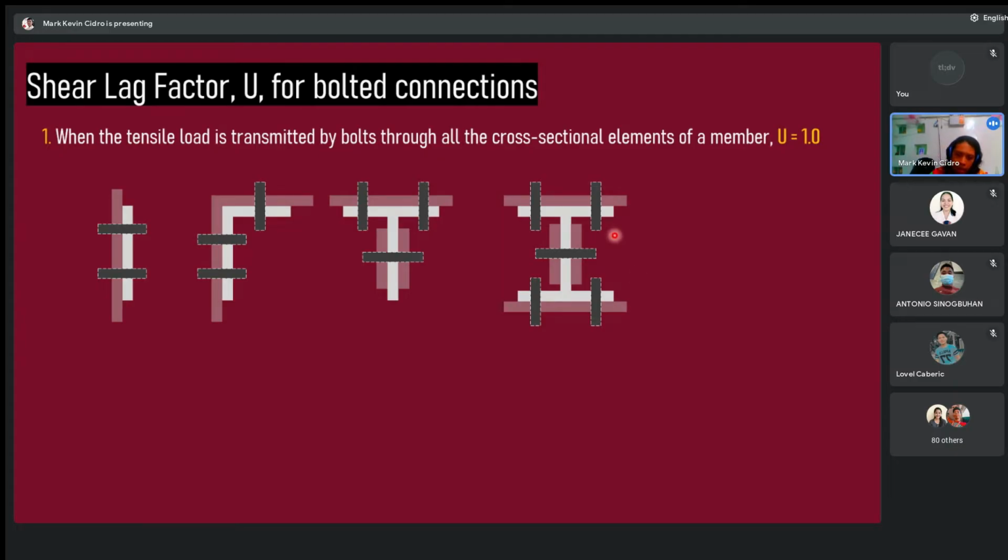There are other cases, as we will see later. But if the tensile load is transmitted by bolts through all the cross-sectional elements of a member, then U is 1.0. Okay, clear.